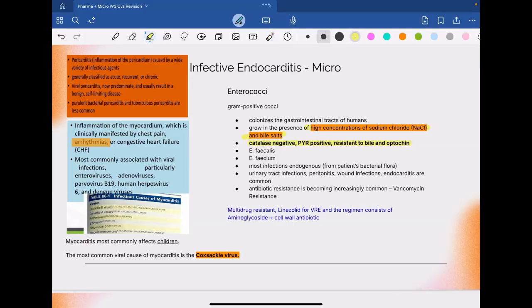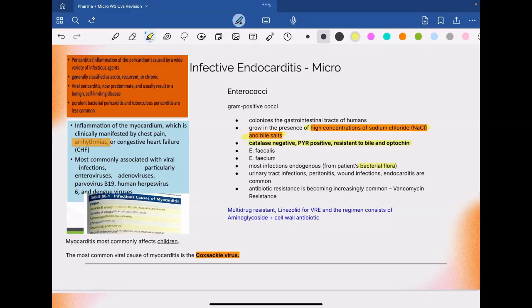And it comes from the patient's bacterial flora. It can cause UTIs, peritonitis, wound infections, and endocarditis. They're very common diseases or conditions that are caused by enterococci. Let's say a patient comes in with UTI and then develops infective endocarditis.